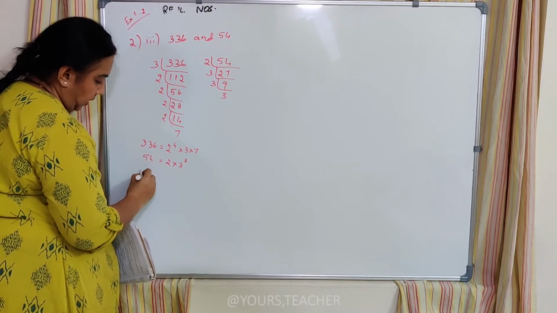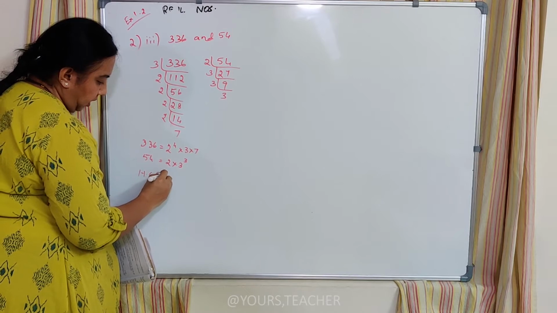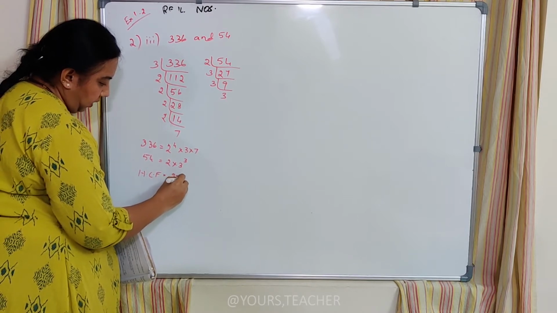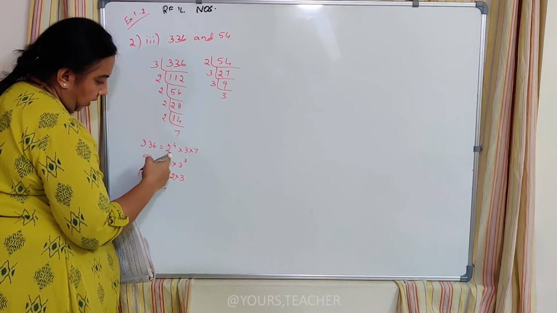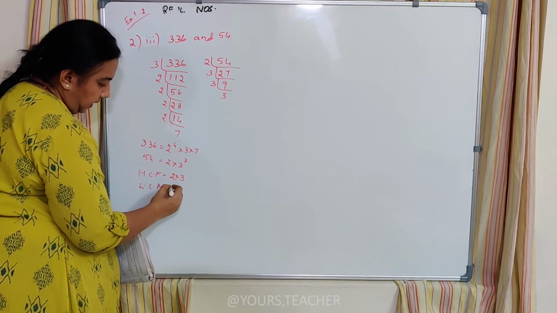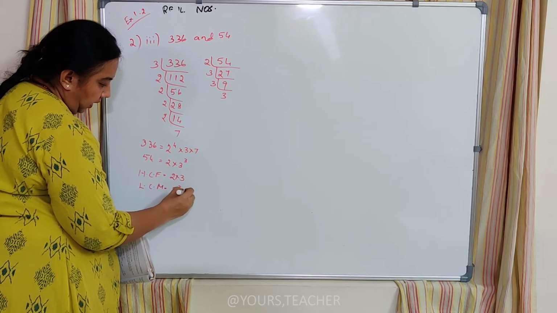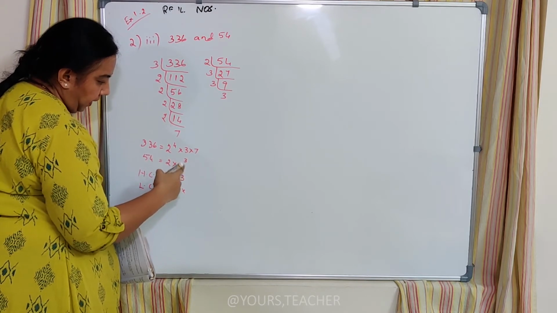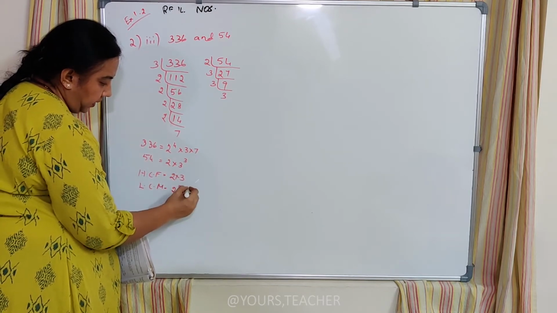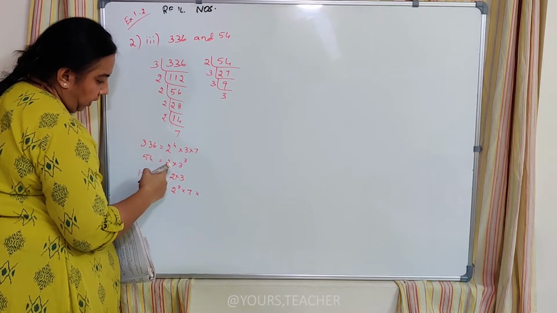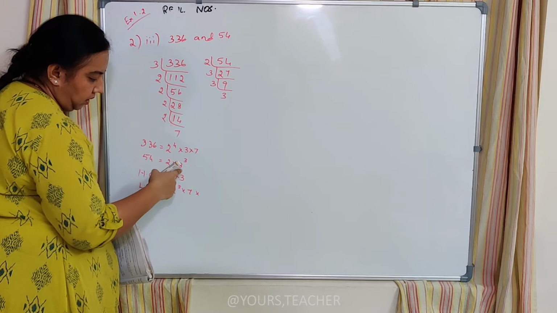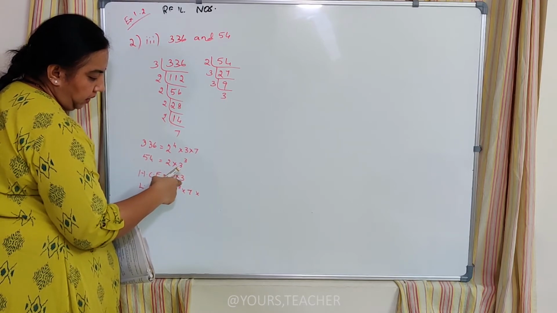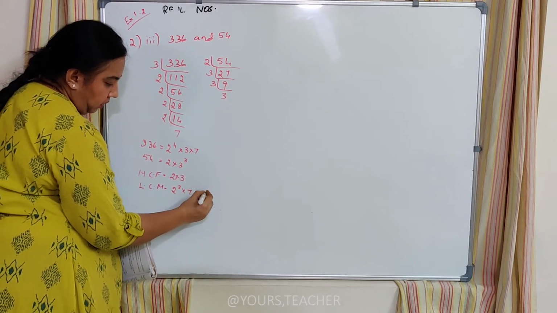So HCF is equal to 2 into 3, and for the LCM, I have 2 power 3 remaining here, and the one 3 is already taken here, so I am leaving off the 3 and multiplying the 7 here. Here I have only one 2, which is taken as the HCF, so I am leaving that 2, and here in 3 power 3, one 3 has gone already, so 3 power 2 is remaining.